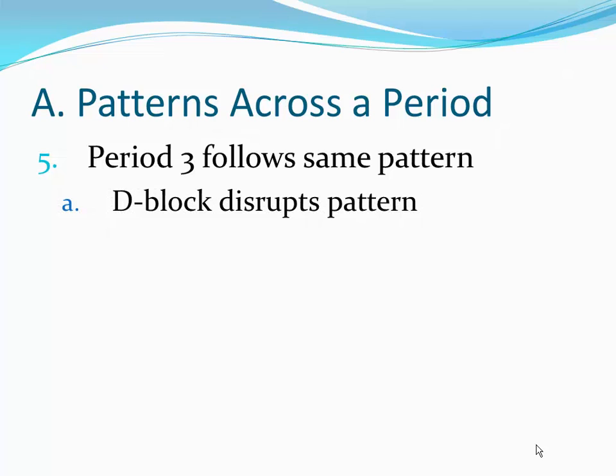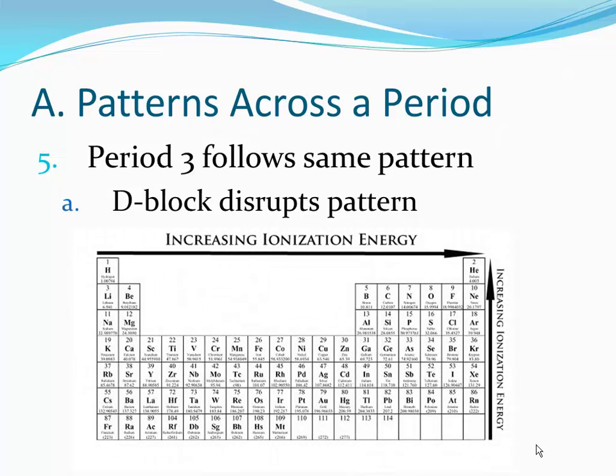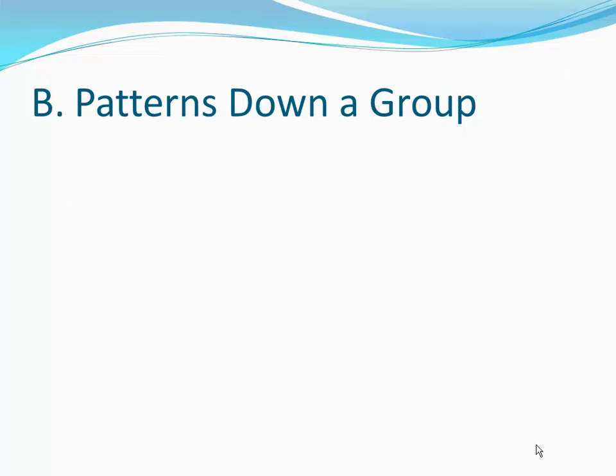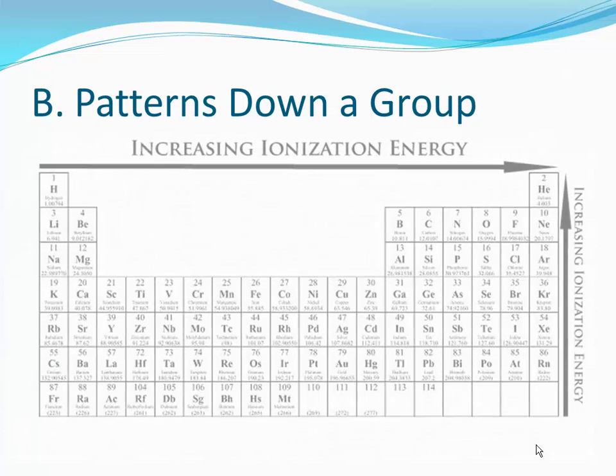Alright, period 3 follows the same pattern as period 2. The d block has a different pattern based on the filling of the d orbital. But generally, you're talking about an increase in ionization energy across and an increase going from the bottom to the top.